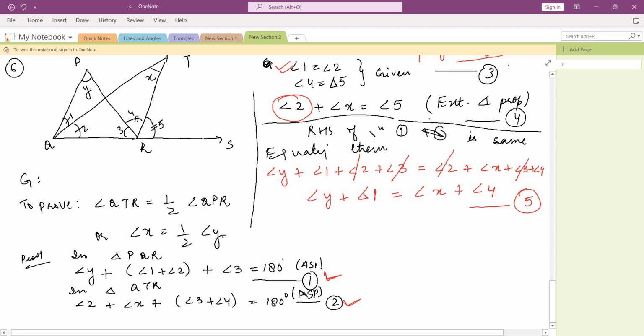So I am rewriting equation 4. In place of angle 2, I'm writing angle 1 plus angle x is equal to angle 5. In bracket, you can write angle 1 is equal to angle 2. So I have rewritten it.